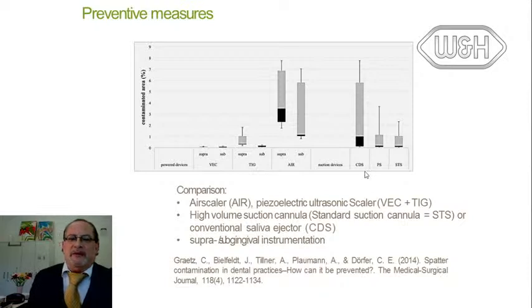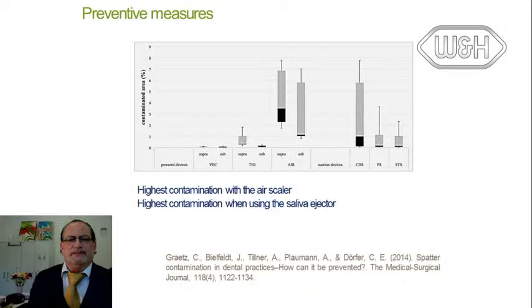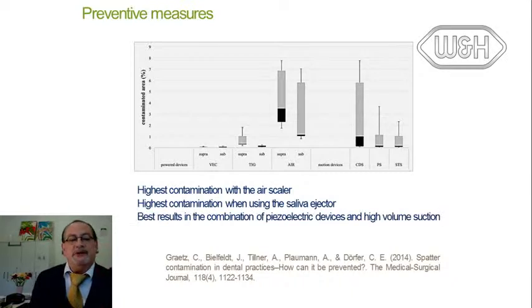And we have even more aerosol in the surroundings if we are using the saliva ejector compared to the high volume suction with the standard suction cannula. So we have the highest contamination with the air scaler, the highest contamination when using the saliva ejector, and the best results with the combination of piezoelectric devices and high volume suction.